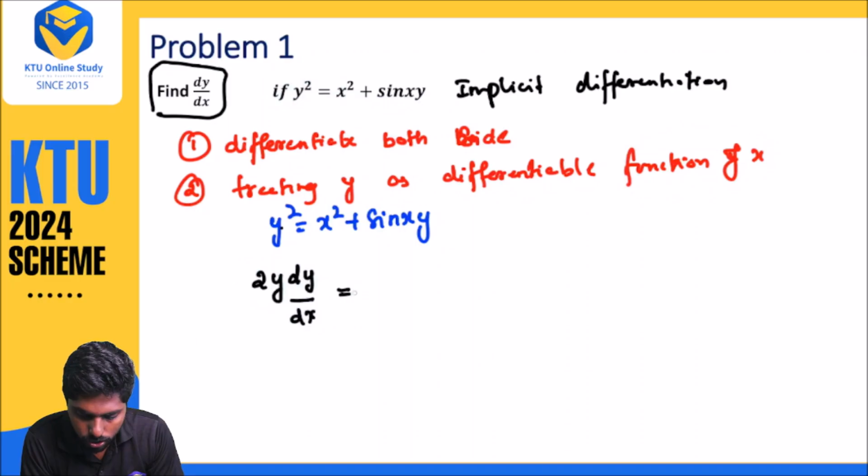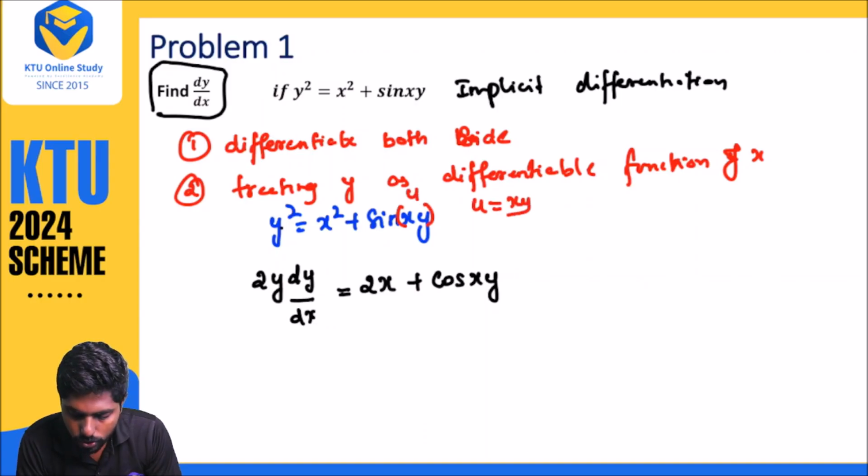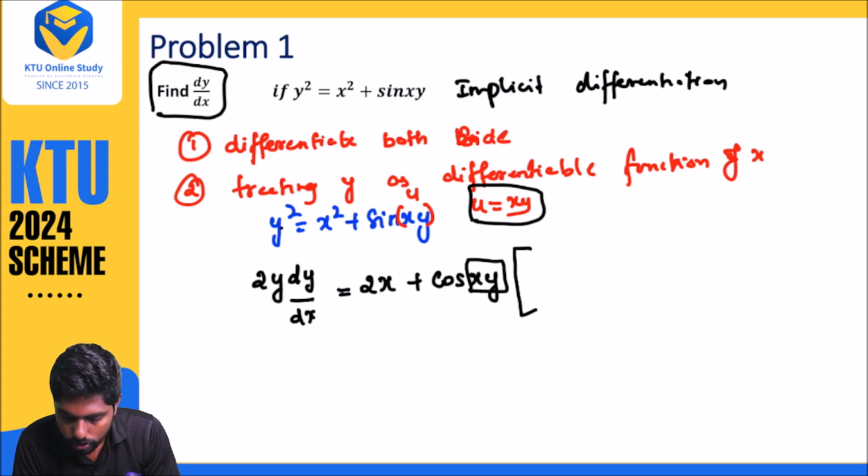Equal to, when I differentiate x square, it will become 2x. When you differentiate sine, it becomes cos xy. Now inside cos xy, u is equal to xy. Here it is a chain rule formula, using the chain rule formula with u equal to xy. So xy is over. Now you want to know du by dx.